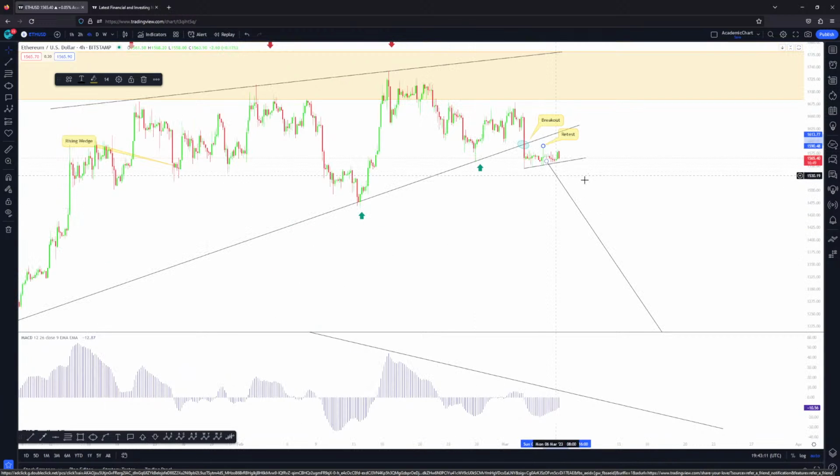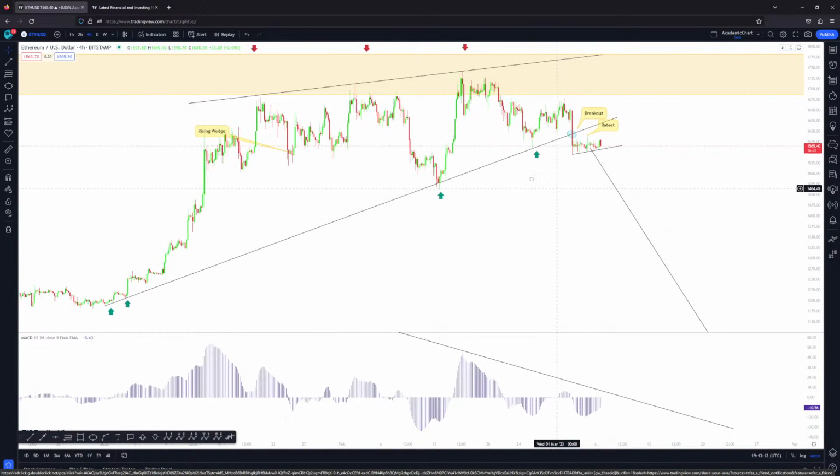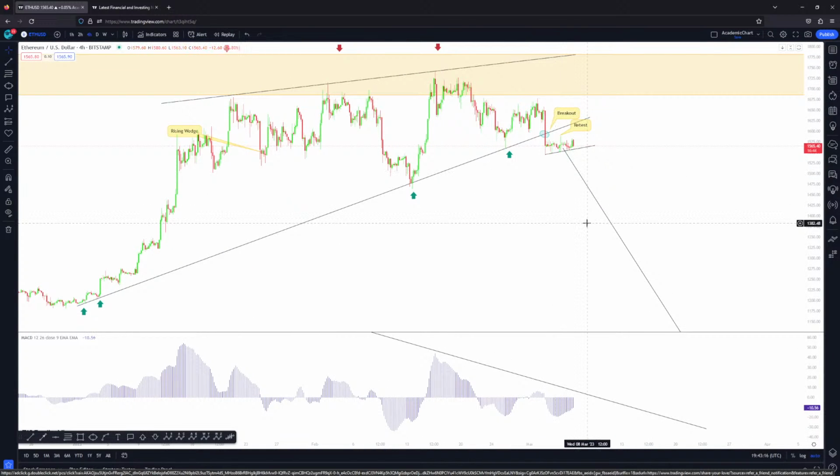So after that, I'm expecting it to actually fall down. I don't want to talk about until which level. We can check the rising wedge target or Fibonacci retracement extensions to try to recognize when exactly it will be reached.